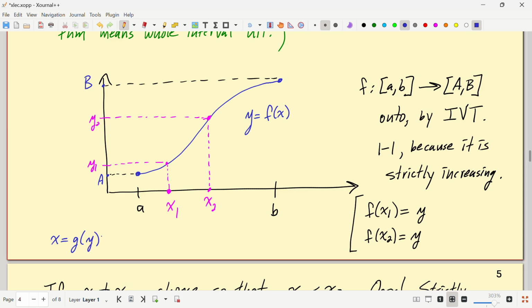I put my transparency on the screen. You can do this with an overhead projector or a document cam. This is the x-axis and this is the y-axis. Then I pick it up and flip it upside down, and I move the x-axis to vertical and the y-axis to horizontal. Have you ever done that? You get the graph of the inverse function that way.